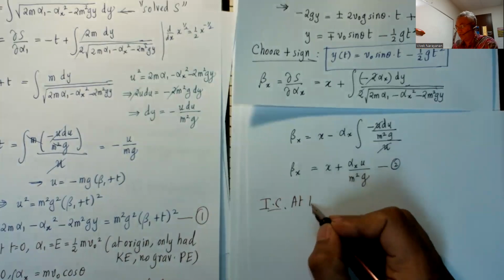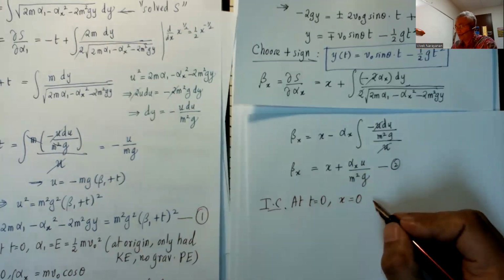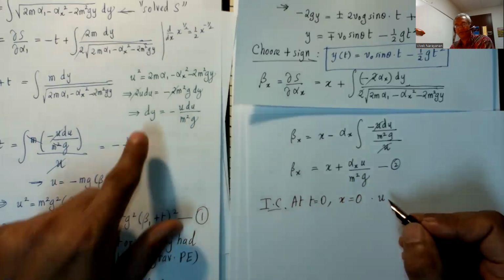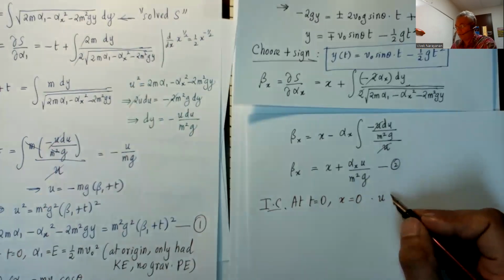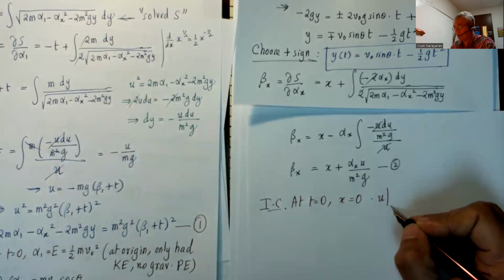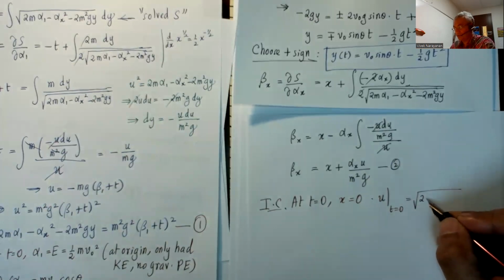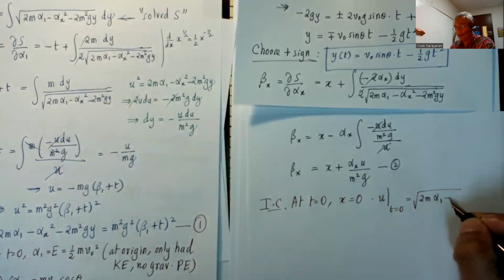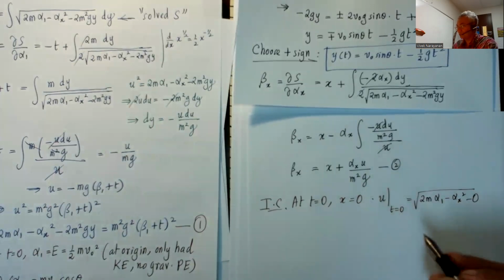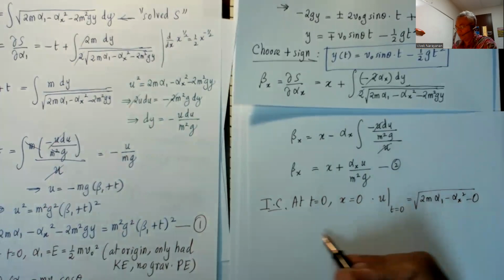At t equal to 0, the projectile was rooted to the origin, so x equals 0, which means that the coordinate u, which is over here, because u appears, we need to figure out what it would be at time 0. So u at times t equal to 0 is going to be the square root of 2m alpha 1 minus alpha x squared minus 0. So what is that?